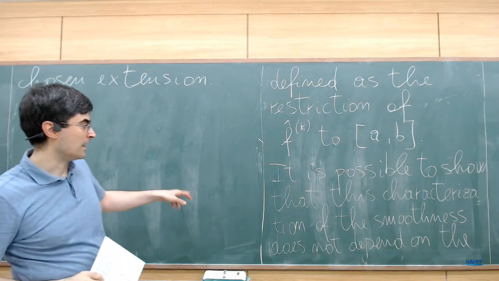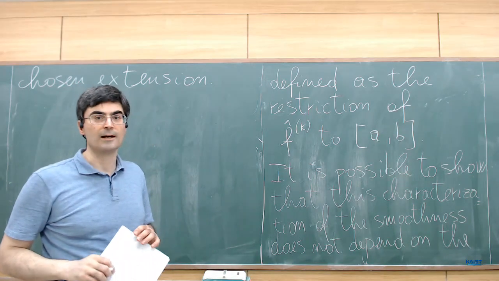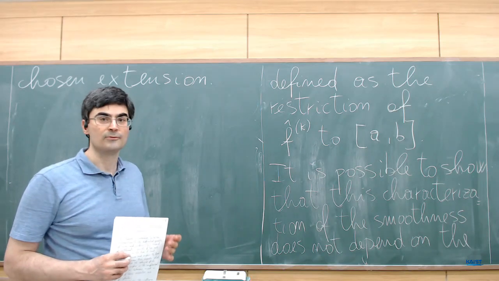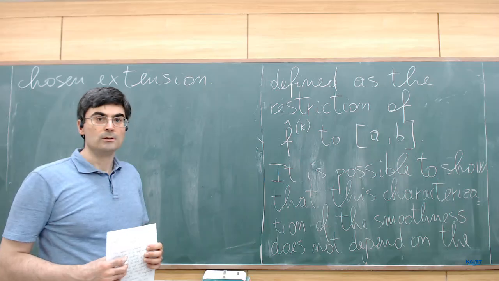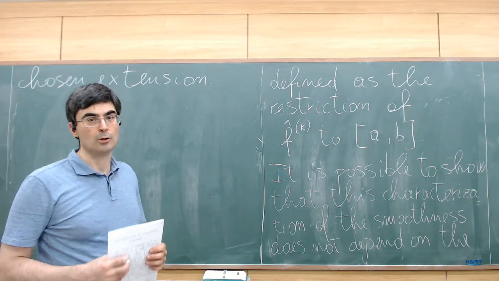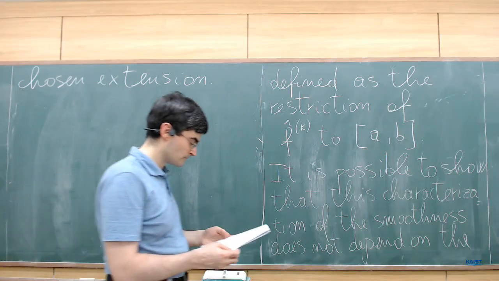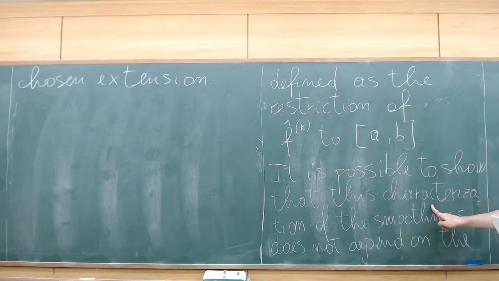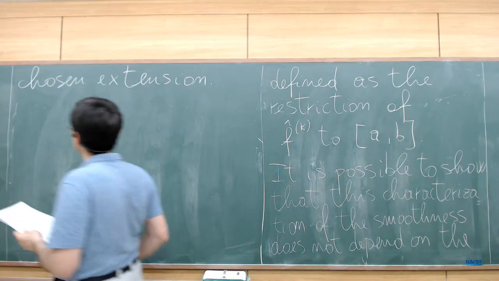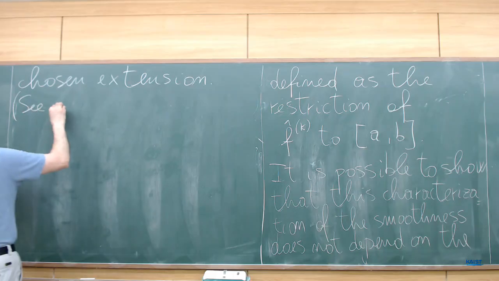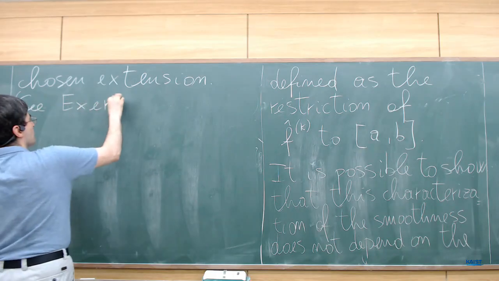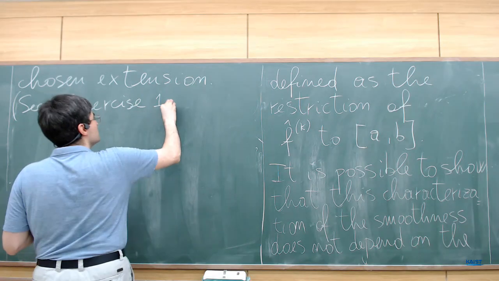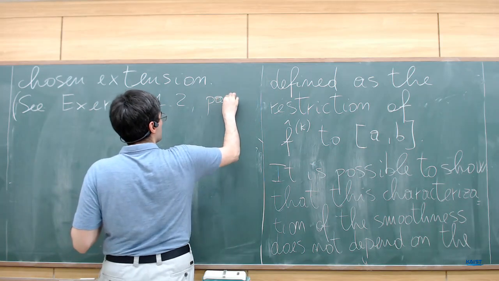So, in other words, if you want to prove that a function f defined on a set which is not open is smooth, it's enough to find one extension of this function which is smooth on an open set containing the original one. If you want to know more about this statement, please see exercise 1.2, page 6 of the textbook.